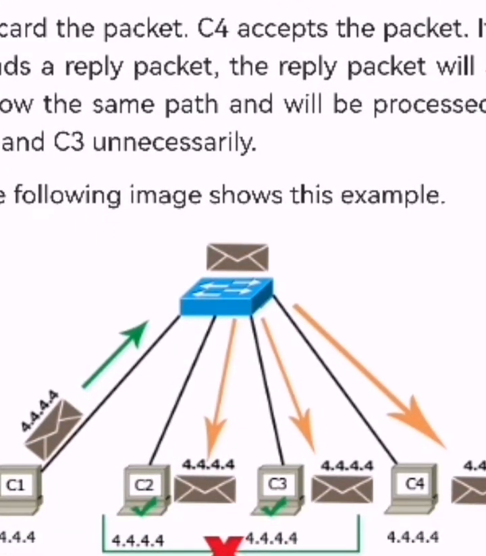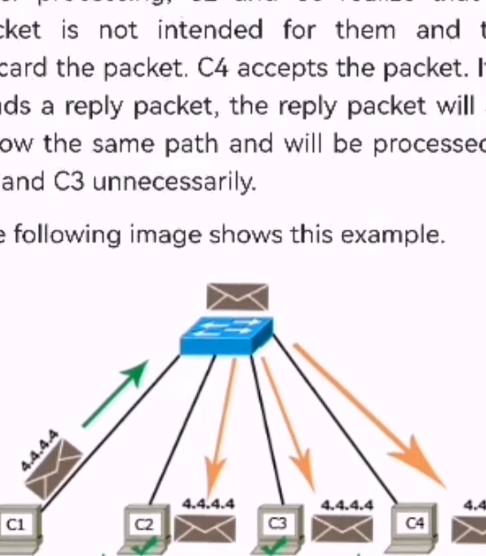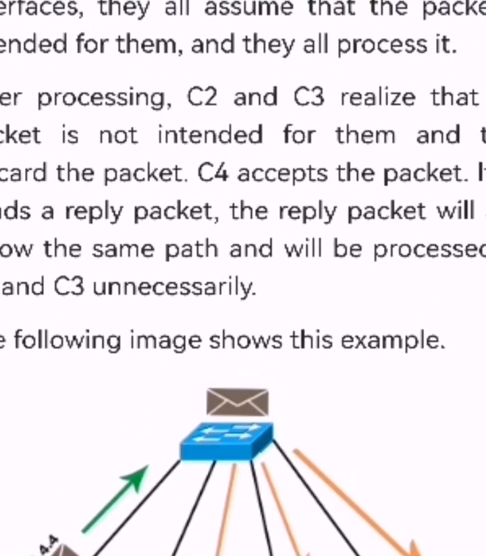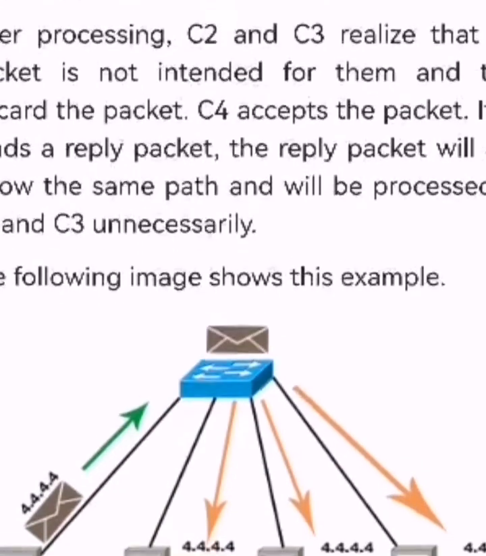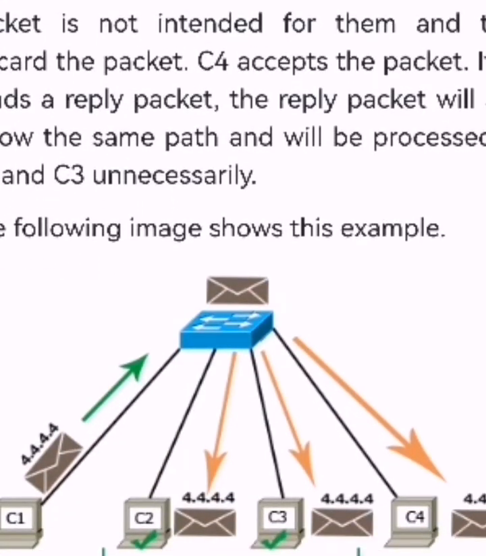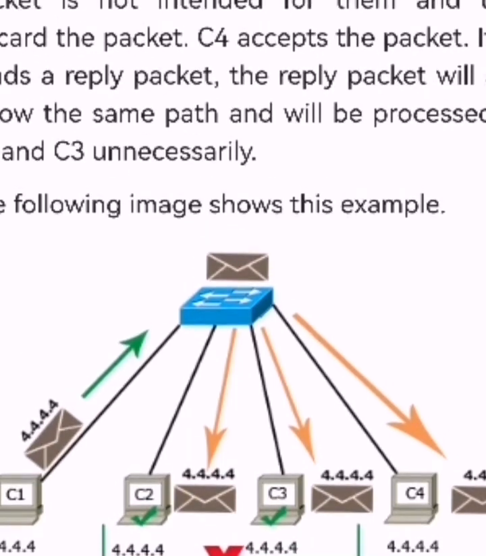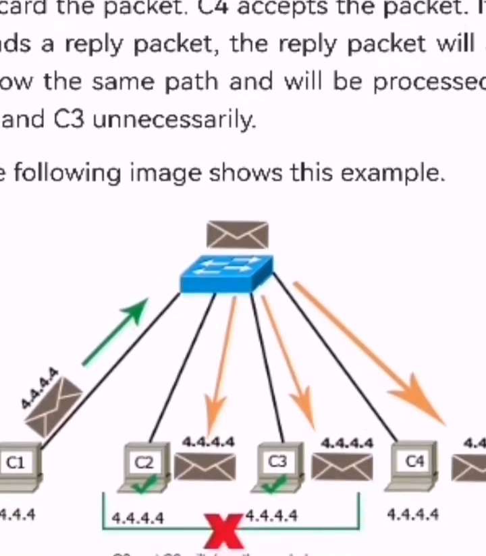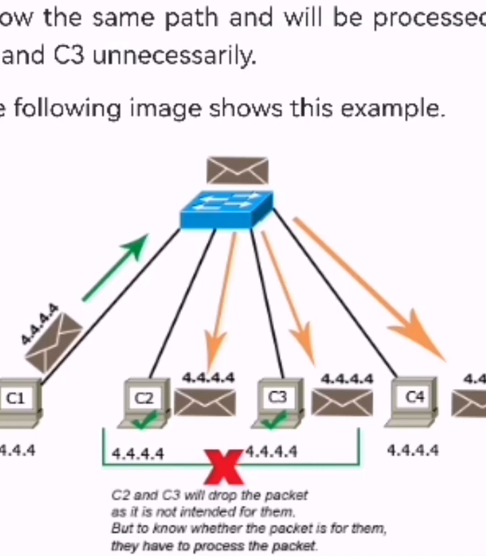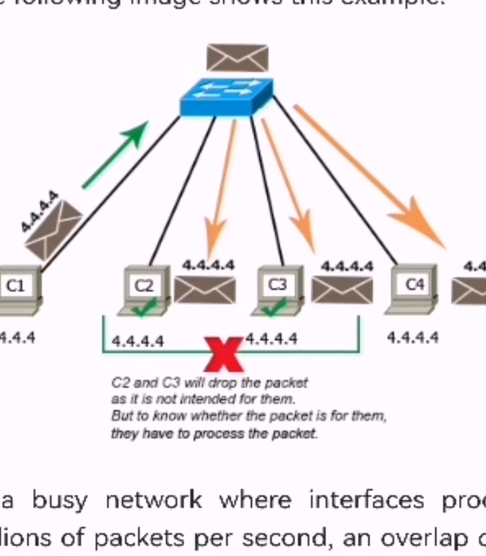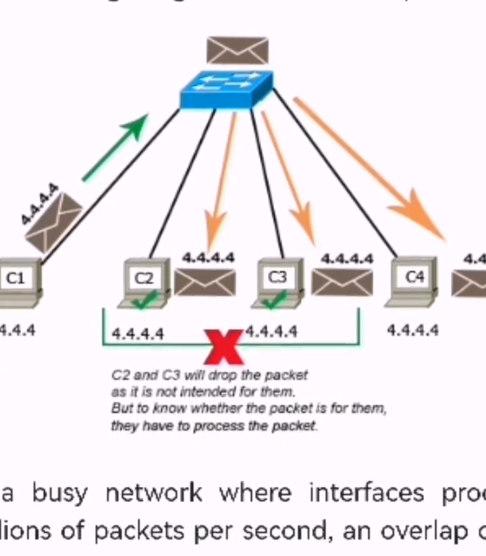After processing, C2 and C3 realize that the packet is not intended for them and they discard the packet. C4 accepts the packet, and if C4 sends a reply packet, the reply packet will also follow the same path and will be processed by C2 and C3 unnecessarily.